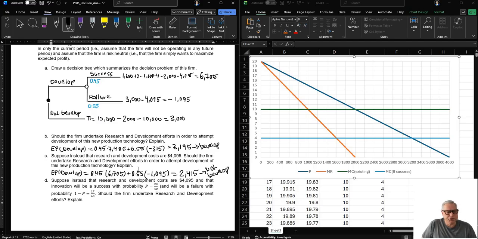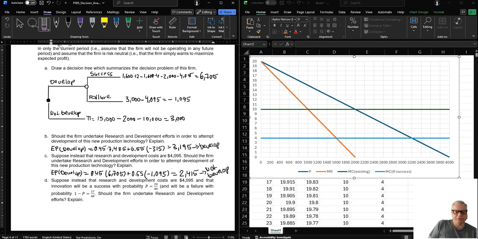Okay, so suppose instead that research and development costs are 4,095 and that innovation will be successful with P equals 23/40. Now the only thing that changes is we have new success and failure probabilities.